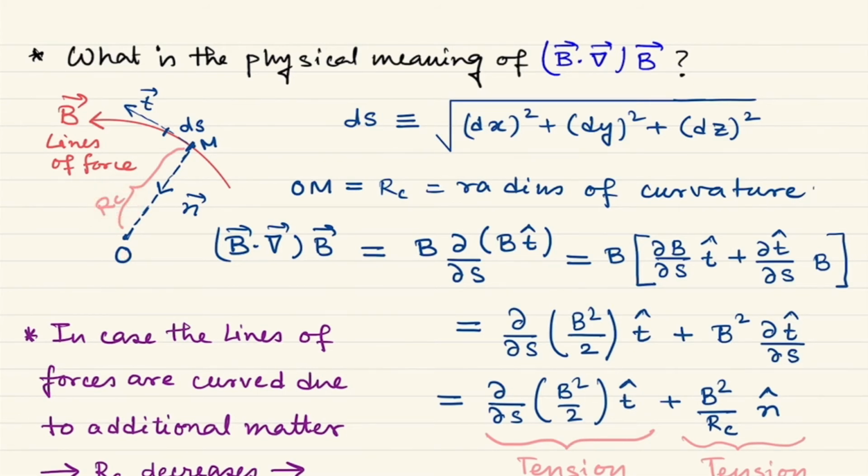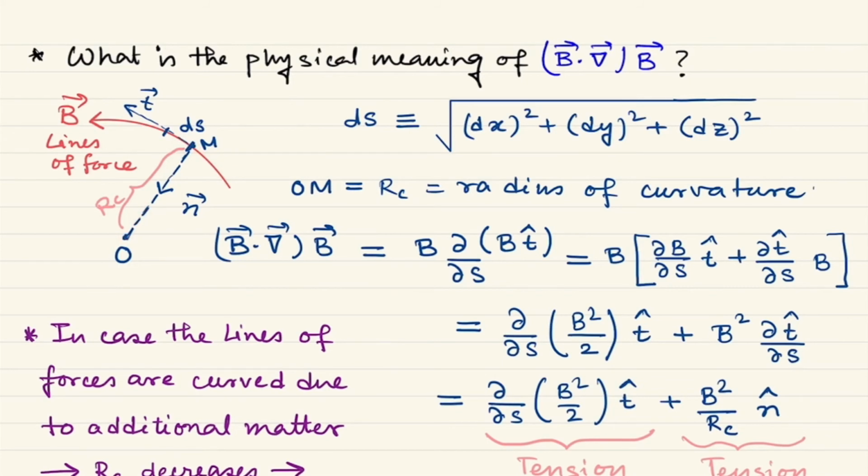Now ds is nothing but, we all know, root over dx square plus dy square plus dz square, that is no surprise, and OM is the radius of curvature. N is the unit vector which is acting radially inward from that line of force to the center of curvature.